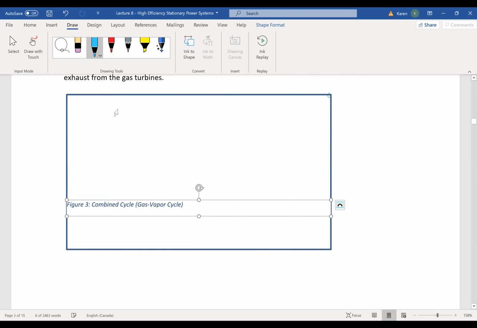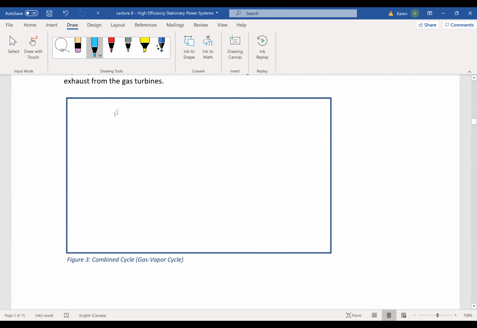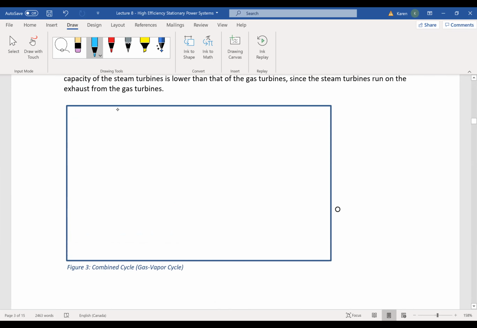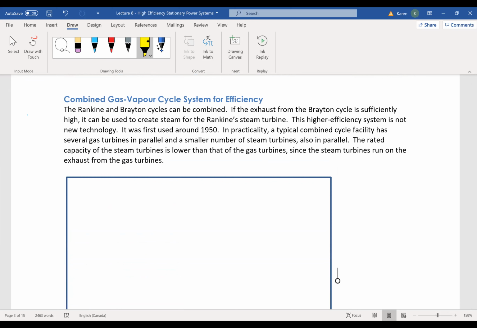And the gas vapor cycle is, it's not new, but it is a type of high efficiency energy system, power generation system. So the combined cycle is called a gas vapor cycle.